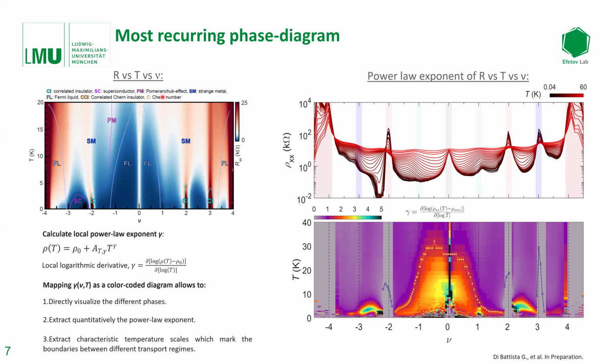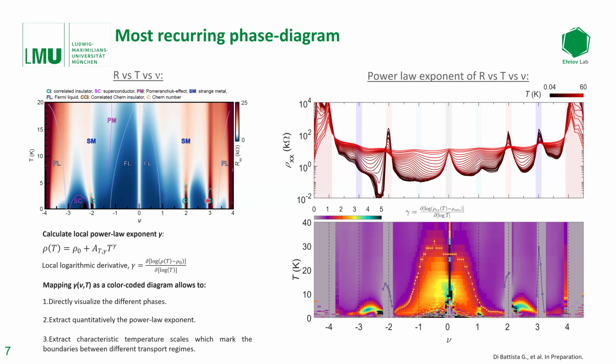This is the device which really has all of those characteristics that seem to be very recurring. And this shows you the resistance versus temperature versus filling factor. What you can see in such a phase diagram is very well developed -2, +2, +3 correlated insulators with gaps below 5 Kelvin.